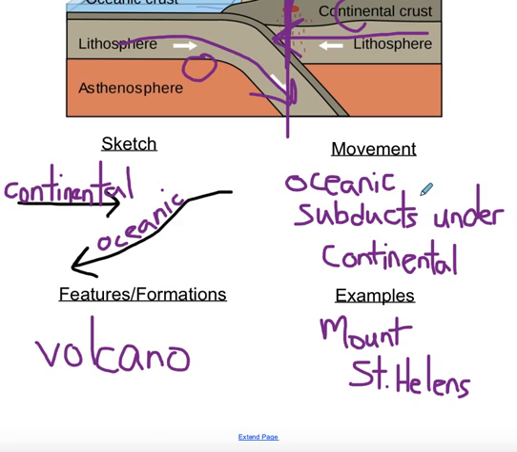It's also going to ask you what forms there, so these features or formations. The only thing you won't need to know is an example of each, but you will need to know all 5 of these boundaries: convergent, divergent, transform, oceanic subduction, and oceanic continental subduction. You will need to know all 5 of them for formative number 1.